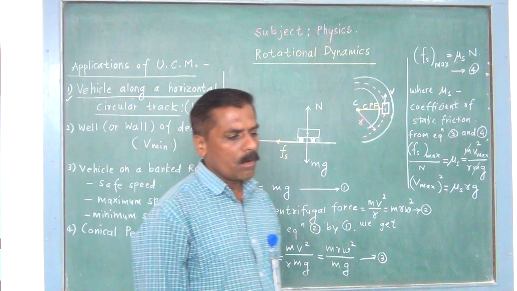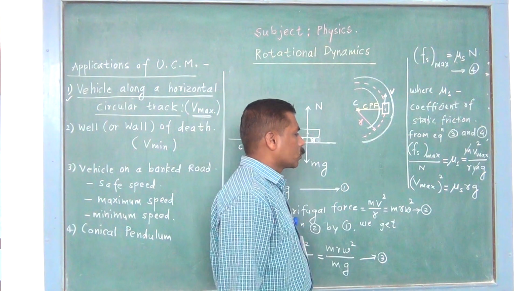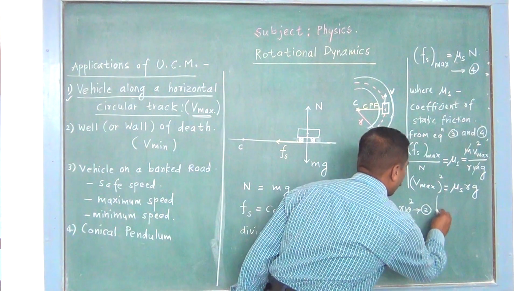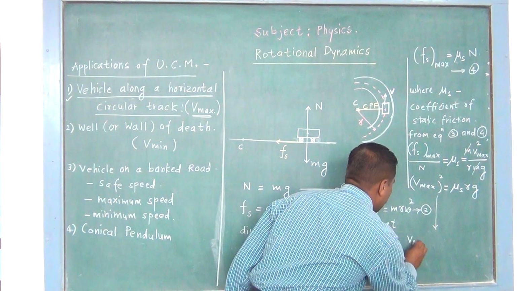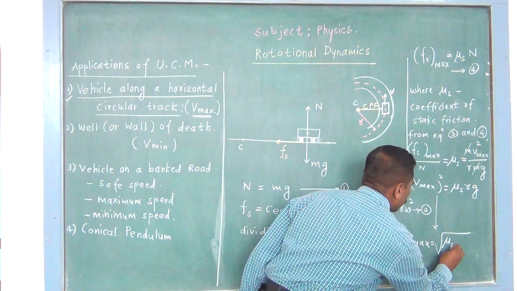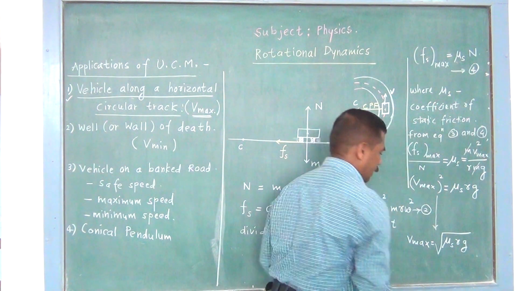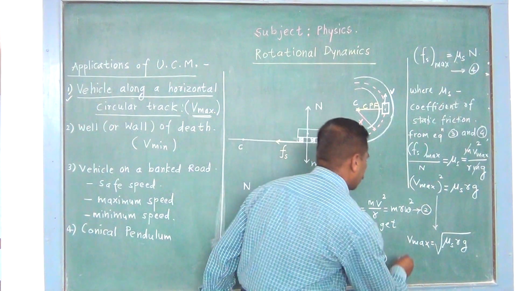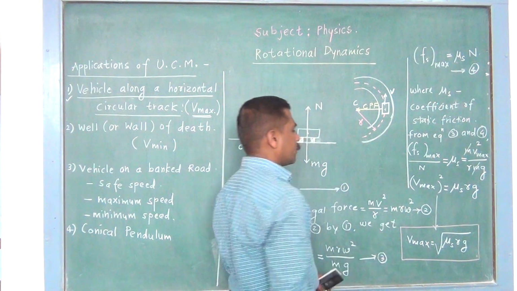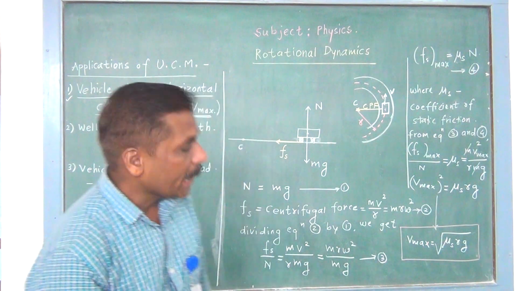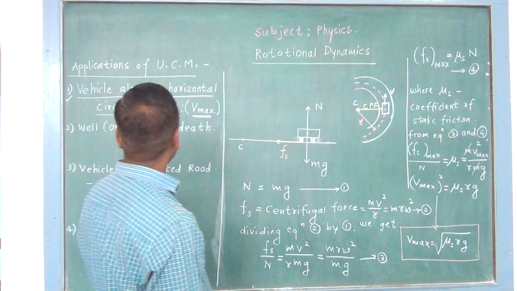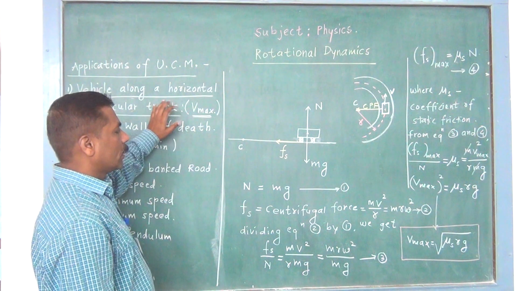We can take the square root on both sides, and it will be the final equation, which is very important. So you will get the final relation: v max is equal to under root of mu s r into g. This is a very important relation, and by using this we can find out the maximum speed of the vehicle along this horizontal circular track.